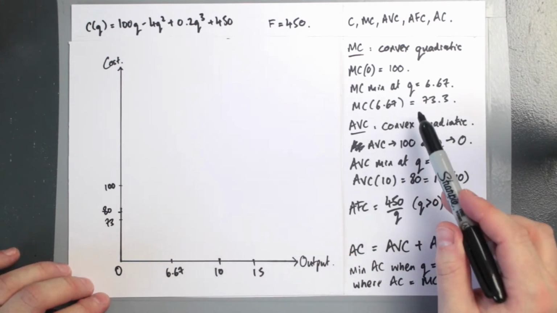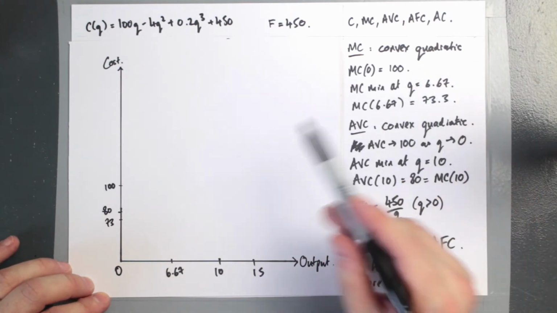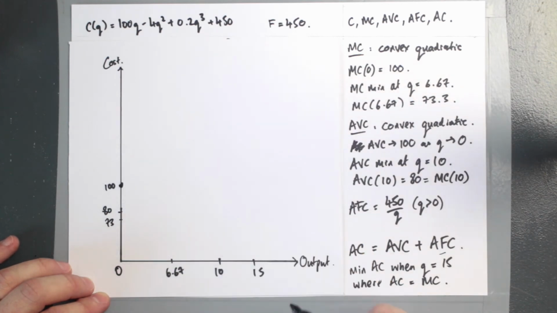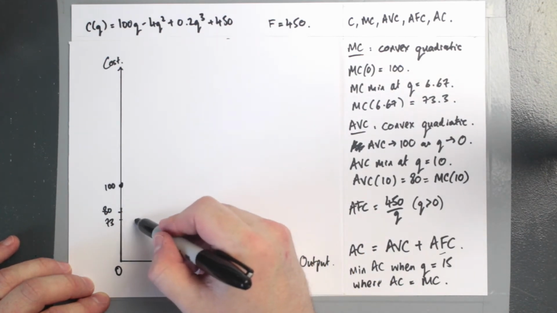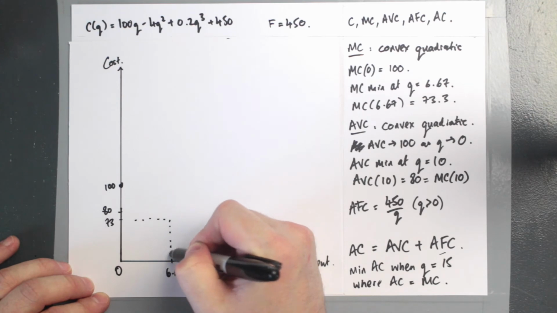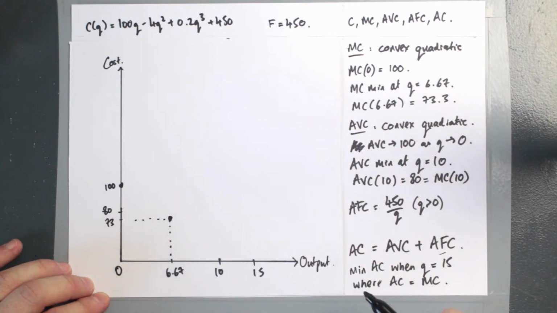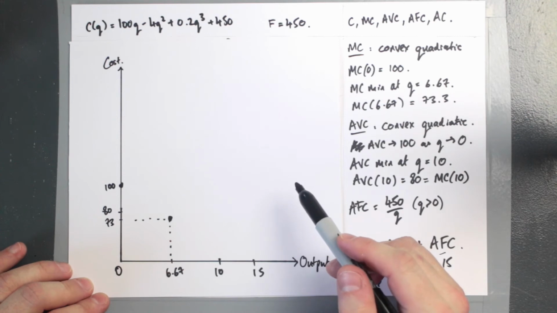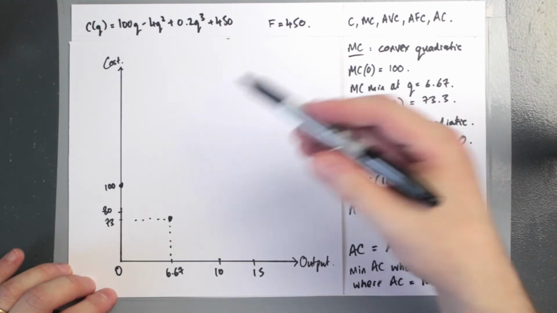Right, so the marginal cost curve is a convex quadratic. It starts at 100 at its lowest point here. It's minimized when output is 6.67, in which case it gives a value 73.3. And then after that, it increases ever after.